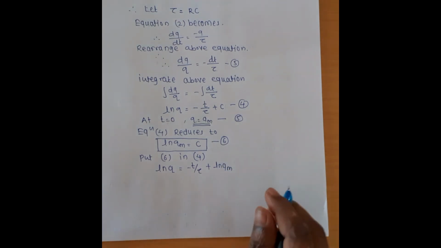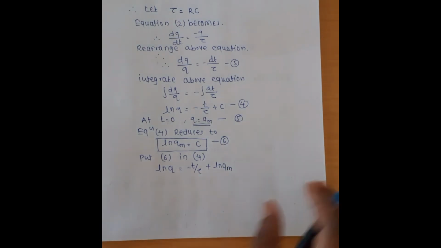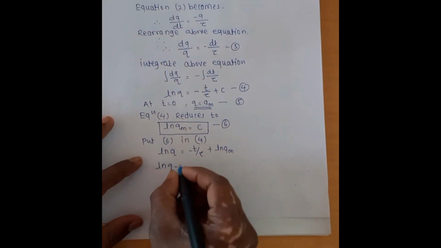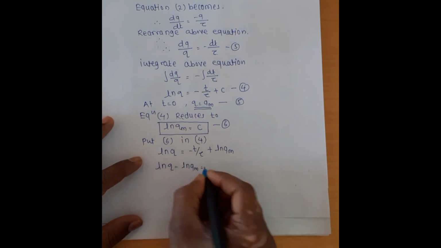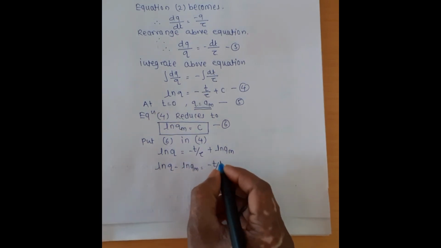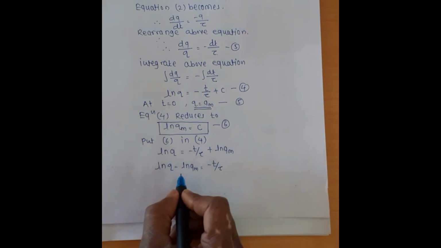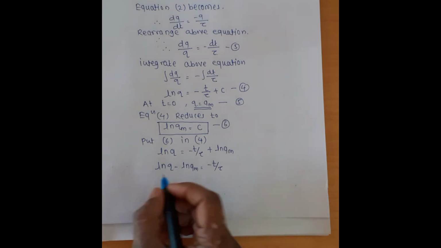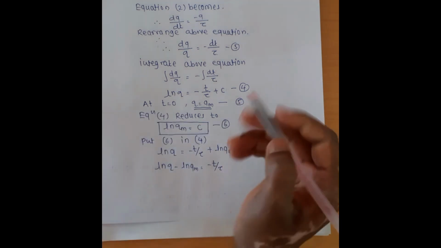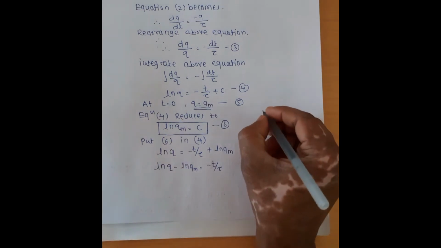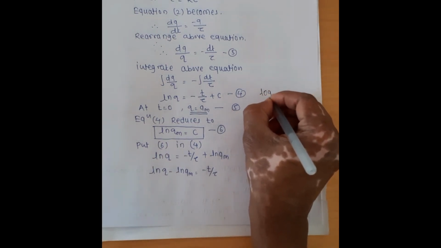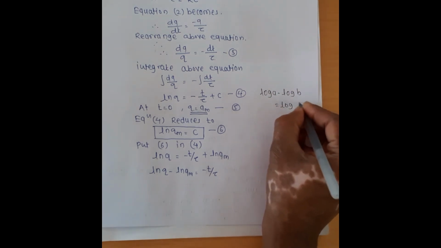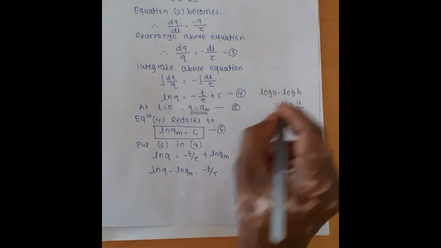Okay, so now we rearrange this equation. This term comes to this side and it will be negative. Then, according to the log property, here I write this property: log a minus log b is written as log of a upon b. The same property we apply here.